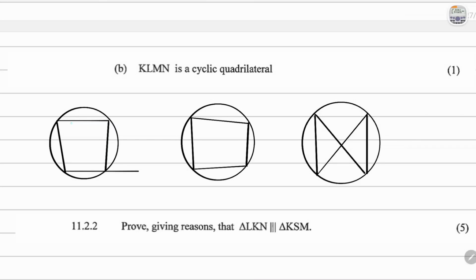If we can prove that the exterior angle of this quad is equal to the opposite interior angle, then it is a cyclic quad. If we can also prove that the opposite interior angles add up to 180 degrees, then it is also a cyclic quad. And lastly, if we can prove that the angles in the same segment, meaning those angles at the circumference supported by that same chord or arc, are equal, then it's also a cyclic quad.